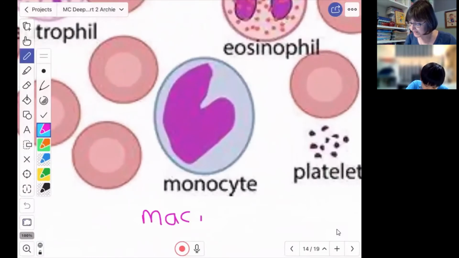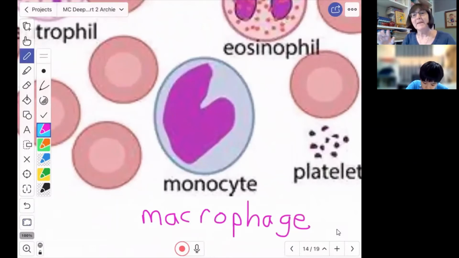Now, I haven't really studied this in a long time, but if I remember correctly, the monocyte can actually come up to like a bacteria or a virus, and then it can just eat it.